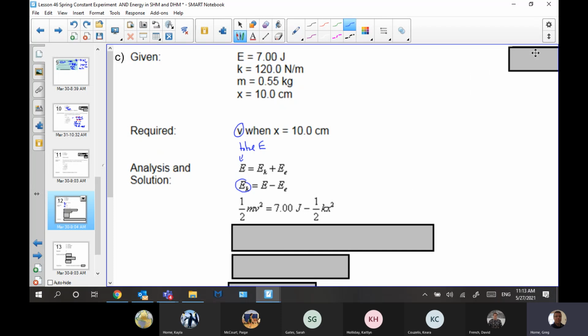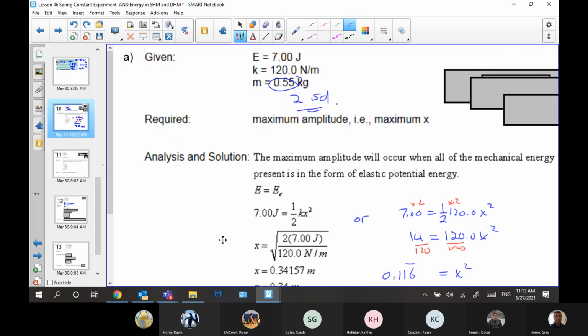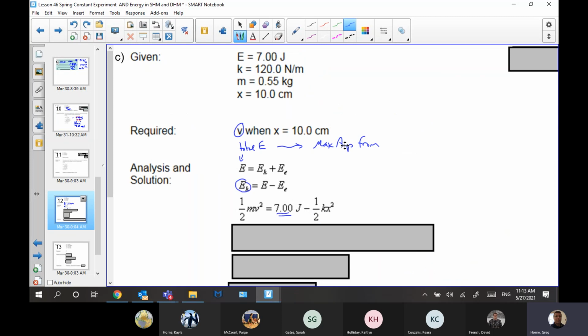So is that total energy the one at maximum amplitude, which we did in part A? Oh no, they gave us the total. They told us the total energy flat out. So total energy was given.